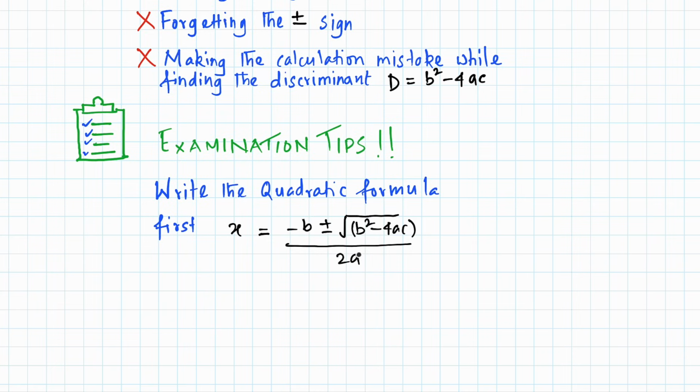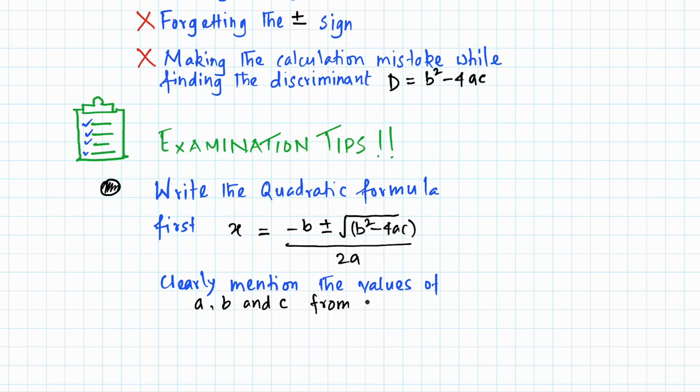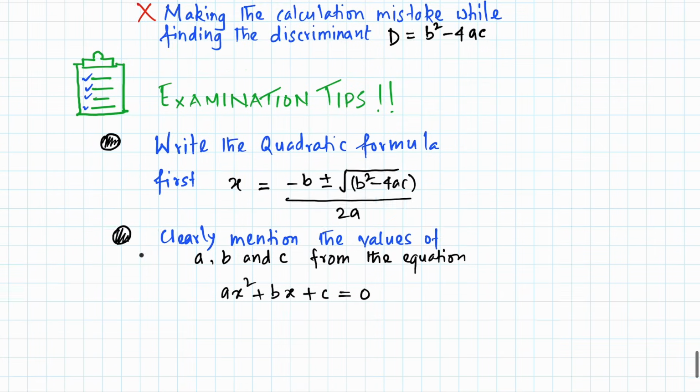You have to keep this in mind and recall it every time. Then second, clearly mention the values of a, b and c from the equation with proper sign, that is ax square plus bx plus c equal to 0.